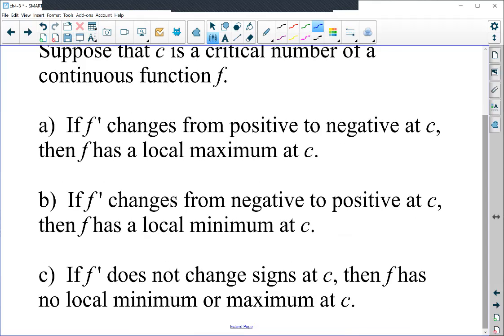If f prime changes from negative to positive at c as we move from left to right, f has a minimum. So we're going from decreasing to increasing, giving us a minimum value. If f prime does not change signs at c, then we don't have a minimum or a maximum. And that can happen.